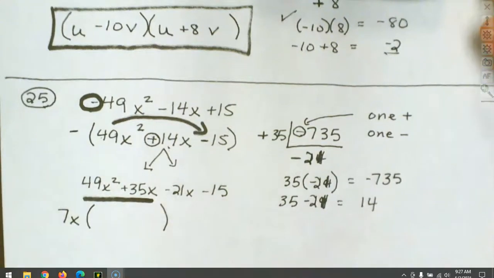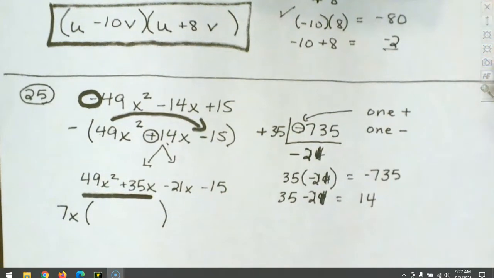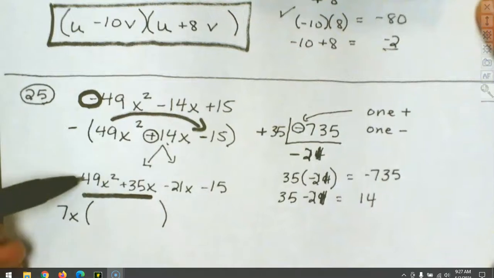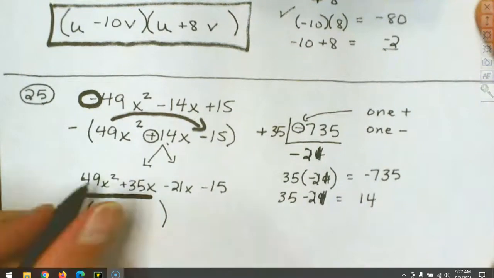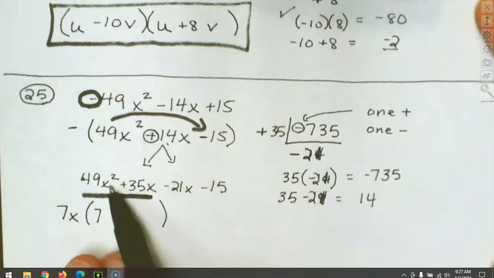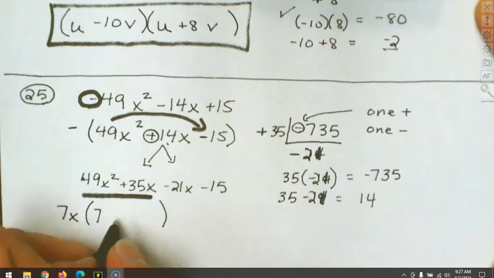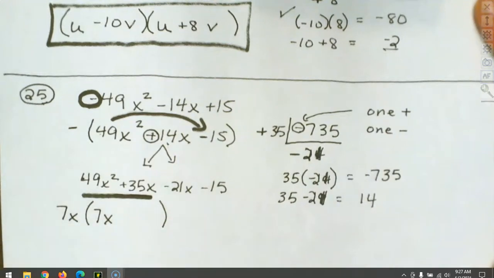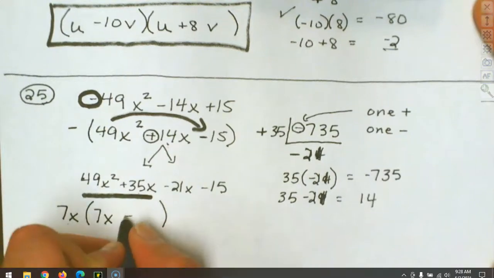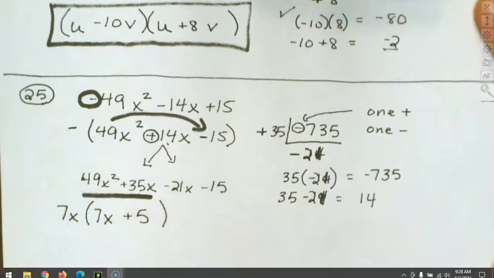And if I factor out a 7x, what does that leave me with? 49 divided by 7 is a 7. X squared, take out an x, that leaves you with a 7x. 35 divided by 7 is a 5. And the x is gone, came out.